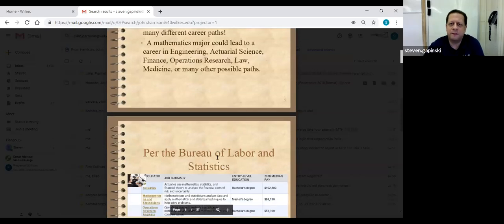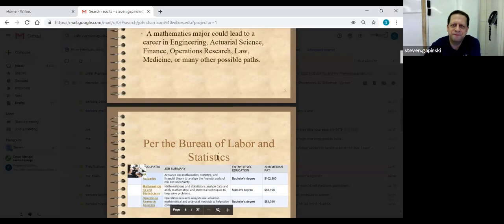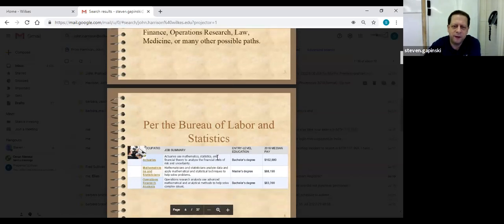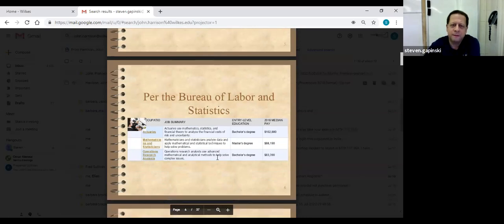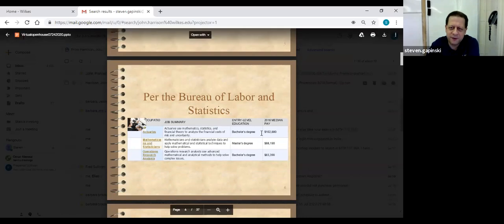We mentioned some of the possible career paths a moment ago, and here's some pretty current information from the Bureau of Labor and Statistics about the median pay for some of those positions. And remember, median means half the people earn above that, half the people earn below that. So you see actuaries come in at six figures.